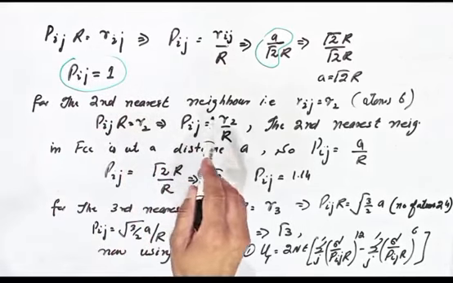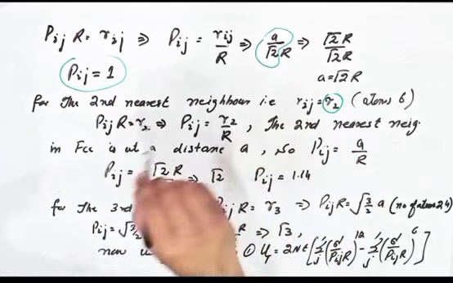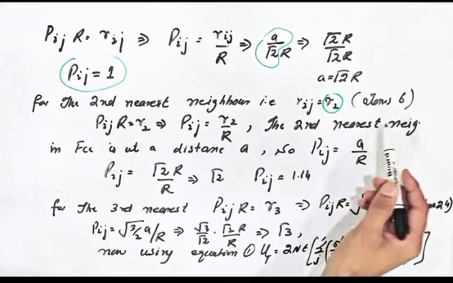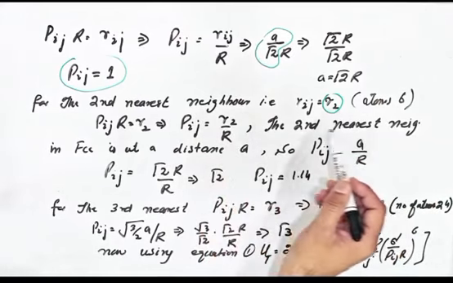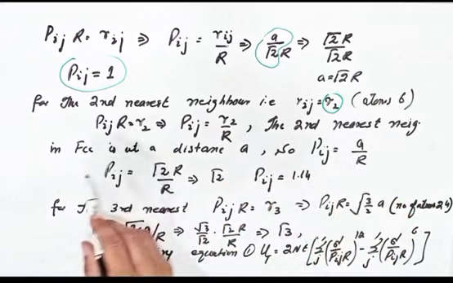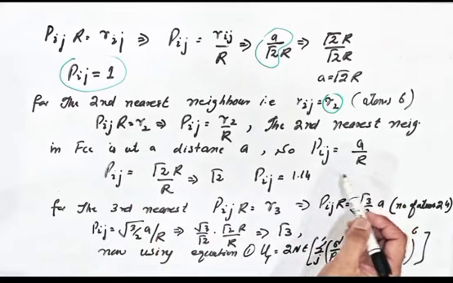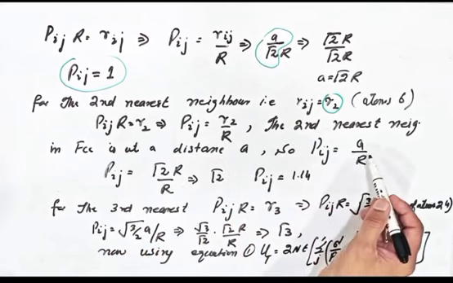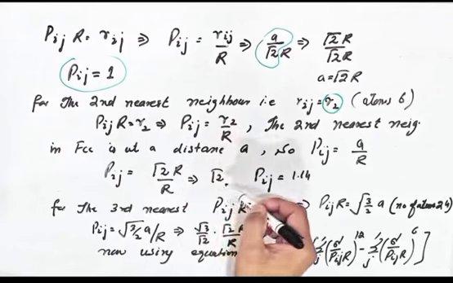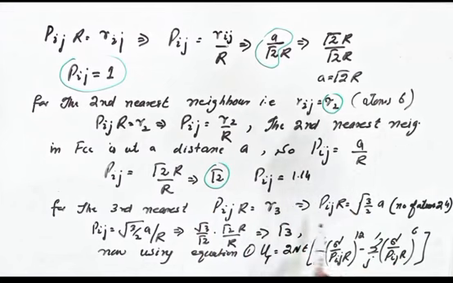For the second nearest neighbor, Rij is R2 for the FCC structure. The second nearest neighbors are 6 atoms, and they are a distance a apart. So Pij is a divided by R. Putting the value for the FCC structure, a is square root 2 into R, so it turns out to be root 2, which is equal to 1.41.